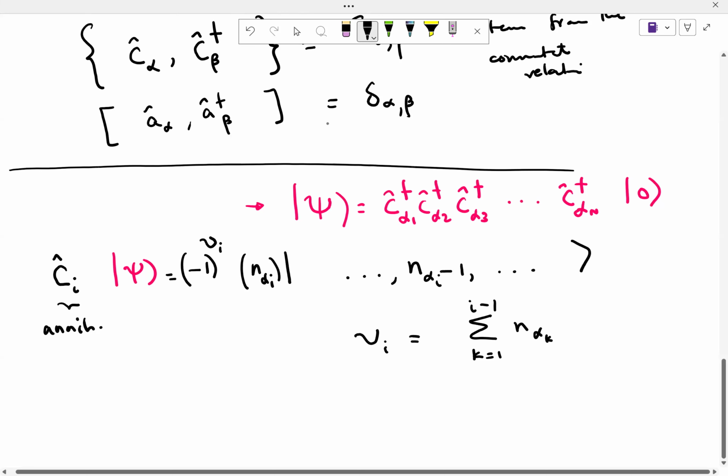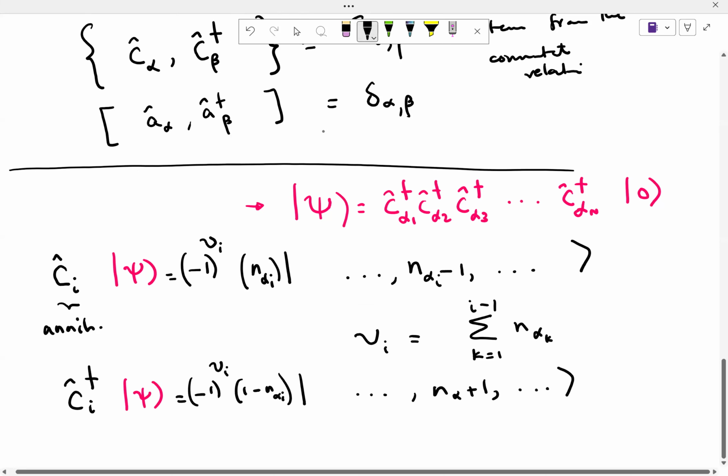Likewise, if I have state psi and the creation operator acts on this, n alpha I just increments by 1. And I need some normalization factor and some phase as well, where nu I has the same definition in both of these cases.